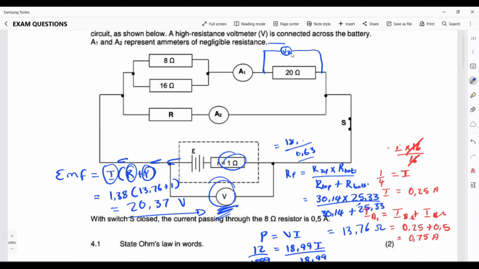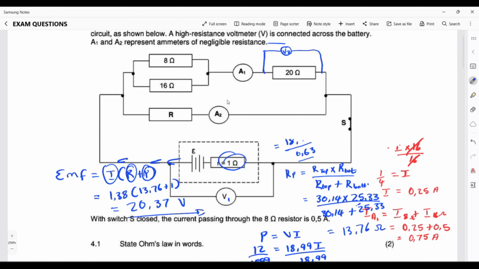Let's say I have V2 over here, and then this is V1. What you will realize is that the circuit itself is a bit complicated. But okay, what you will see is that this is a combination type of circuit.